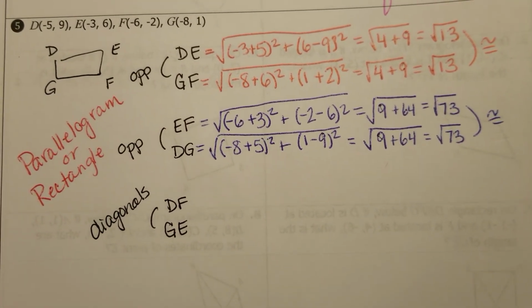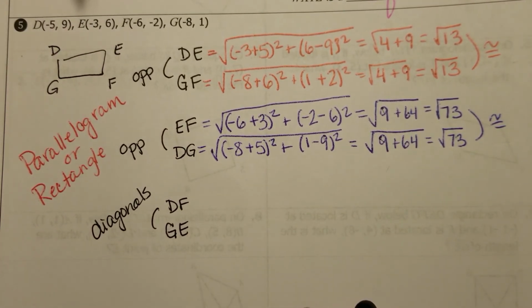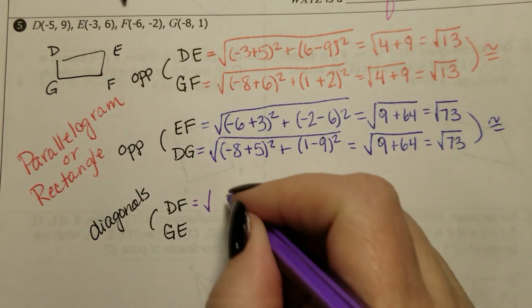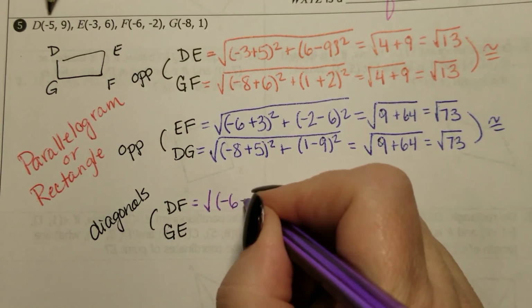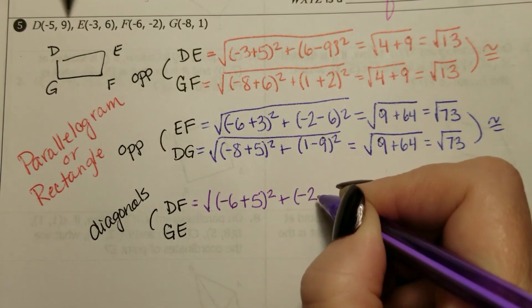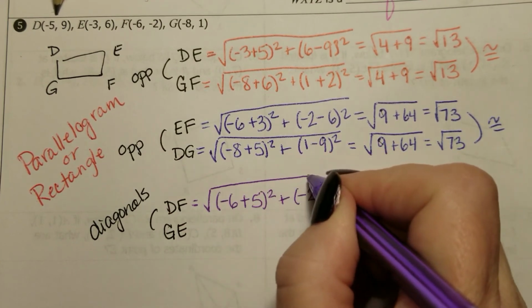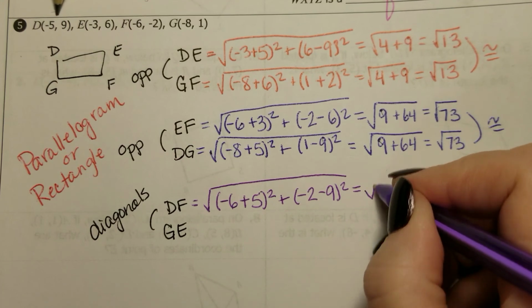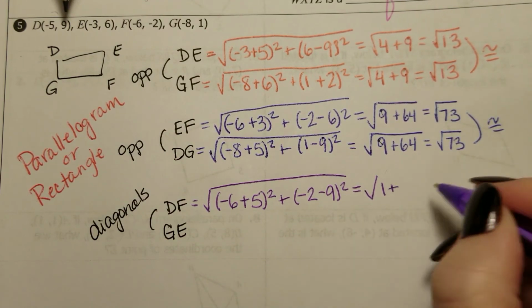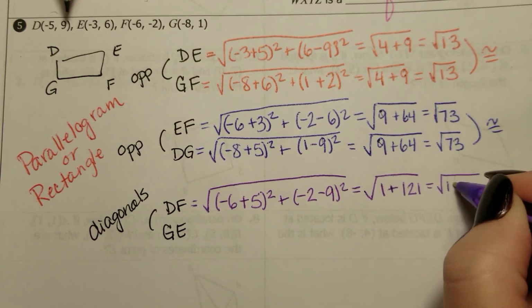So our diagonals are going to be DF. So we'll have the square root of negative 6 minus negative 5 squared plus negative 2 minus 9 squared. Negative 6 plus 5 is negative 1, and negative 1 squared is 1. Negative 2 minus 9 is negative 11, and negative 11 squared is 121, giving me the square root of 122.